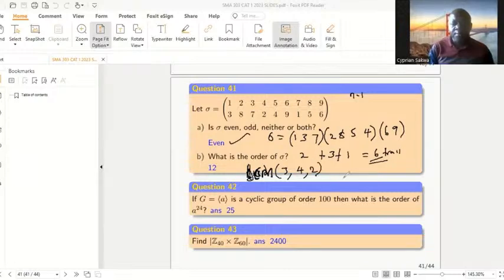What is the LCM? 3, 4, 2: 2 goes here. 3, 2, 1: 2 goes here. 3, 1, 1: and finally 3 goes here. So 4 times 3, which is 12, is the order. So it's the LCM of the orders of the cycles.